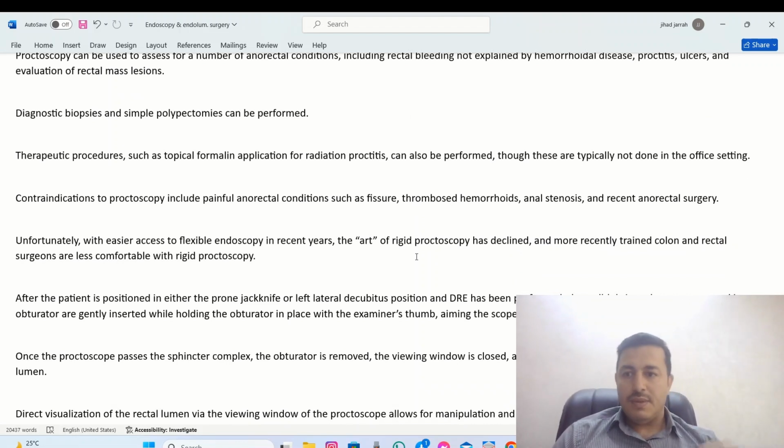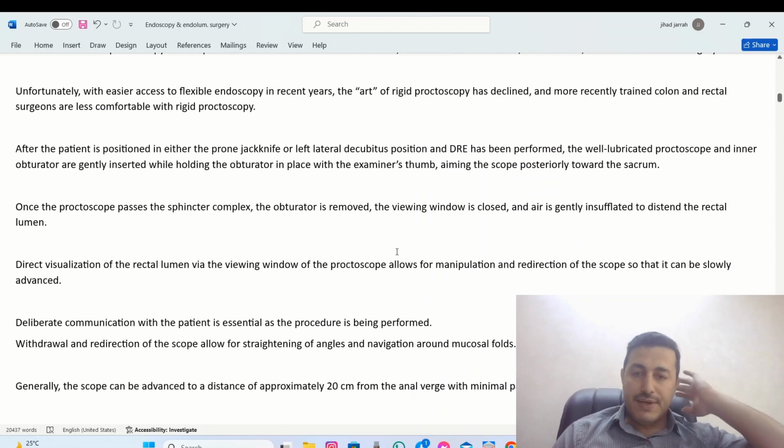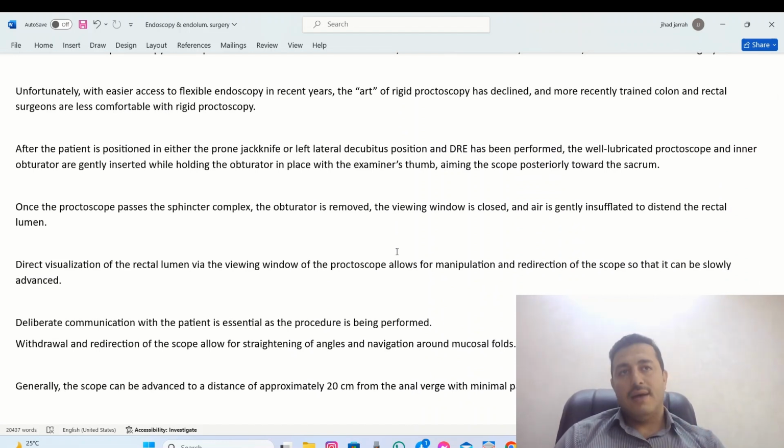Okay, if we are talking about the technique, we said first of all history, exam, and exam, either inspection, palpation, digital rectal exam.